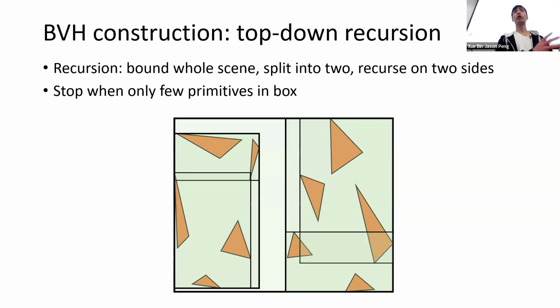Okay, so any questions about this process of how we construct this hierarchy of bounding volumes? Okay. Regarding when we do a ray test, let's say I send a ray across and hypothetically it hits all of the boxes.